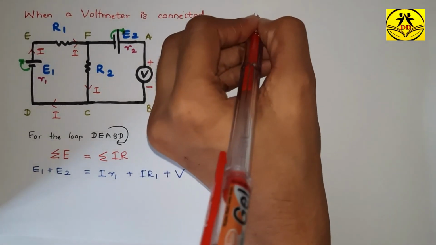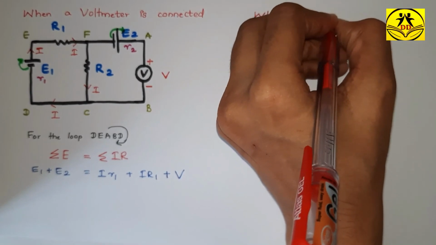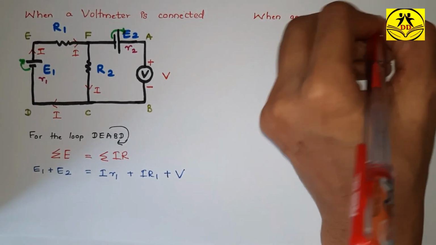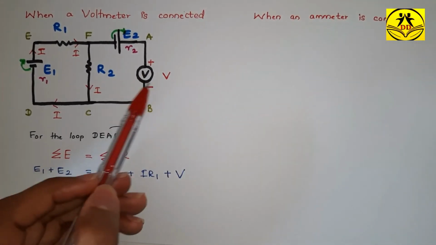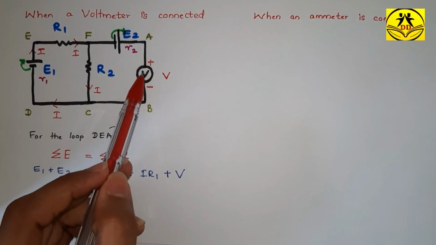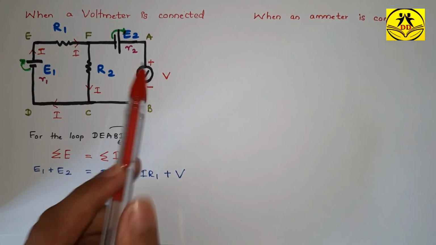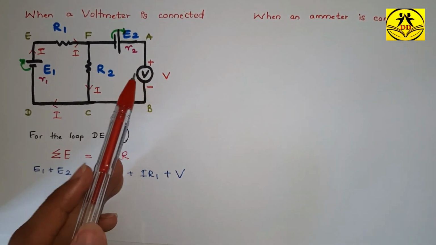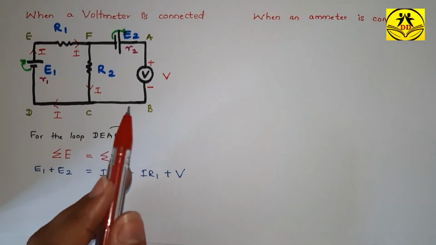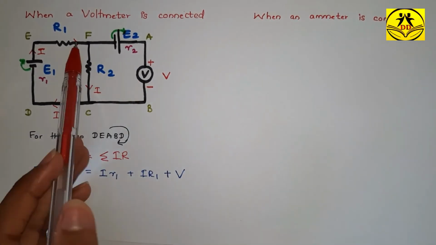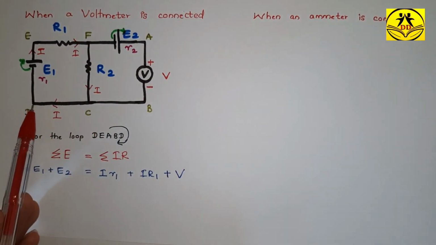And now what happens when an ammeter is connected? Actually, nothing happens there. Assume an ammeter, denoted by capital A, is connected instead of this voltmeter. What happens? Since the internal resistance of ammeters is very small and assumed to be 0, currents flow in this branch.